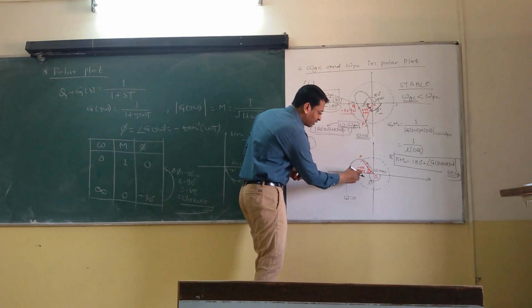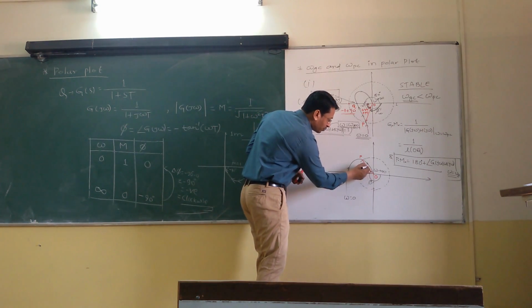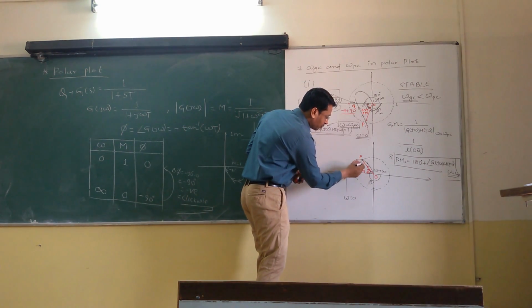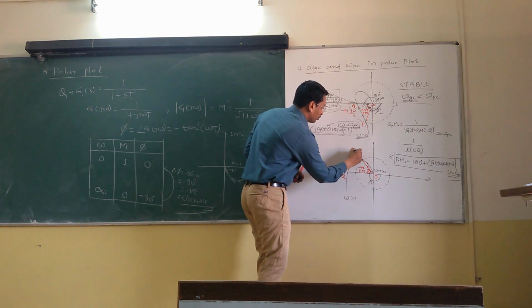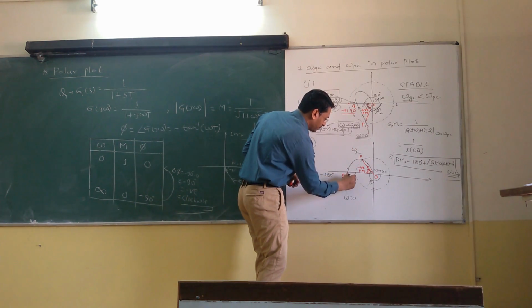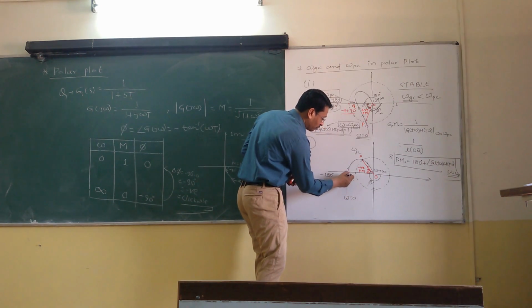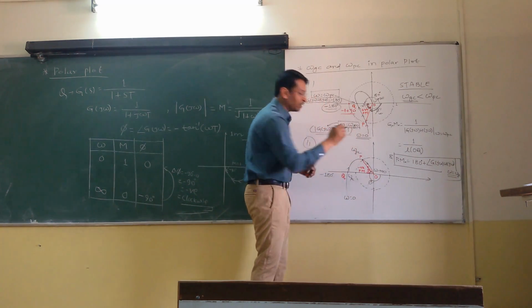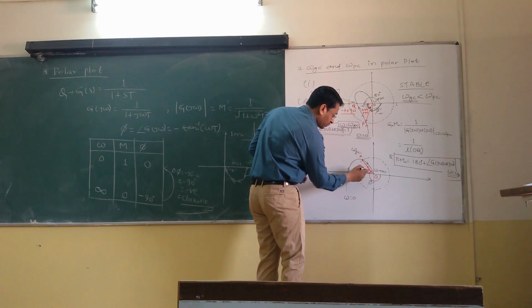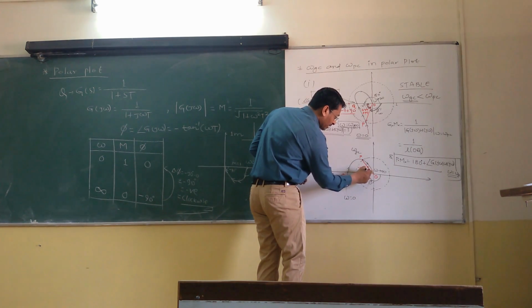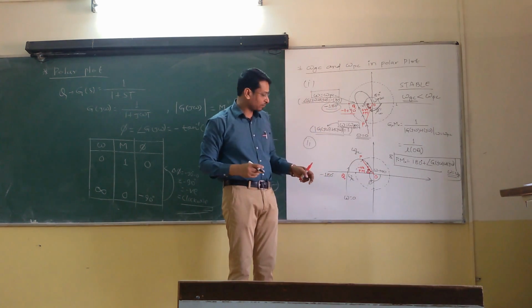So it will be a negative phase margin. Your angle will be shown here, and this is your gain crossover frequency omega Gc. This is your omega Pc. This is omega 0, then omega Pc, then omega Gc, then infinity. So you can denote this particular angle as a negative phase margin.